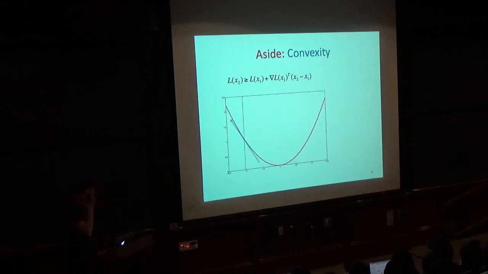Another way of writing convexity is the following form. For any 2 points, x1 and x2, with x2 always greater than or equal to x1, the function sits above its locally linear extrapolation. So this basically describes this blue line right here, and what it's saying is that the tangent line, or the tangent plane, or the gradient plane, if you will, around any point sits below the function.